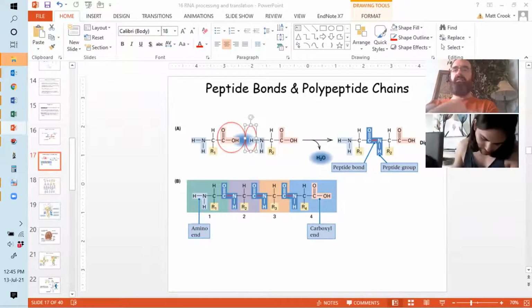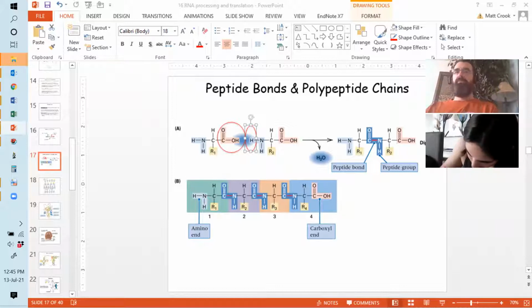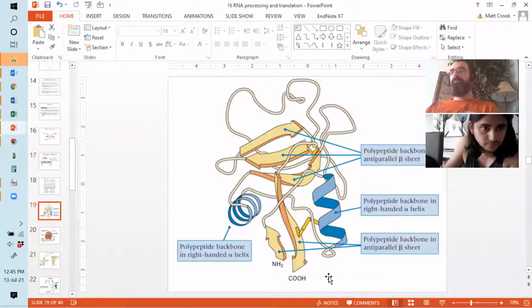And the C, for carboxyl, is the end. So you'll see, we've got a picture of a protein. Here we go. So here's an example. This is the beginning of the protein. This is the end of the protein.